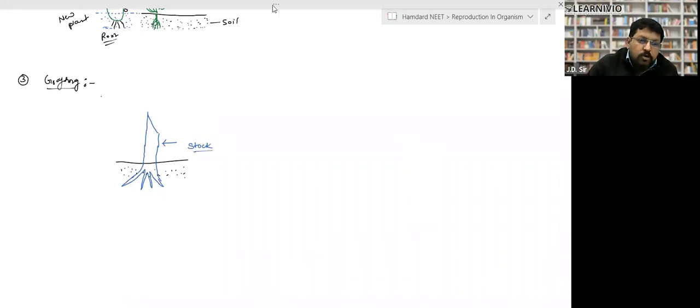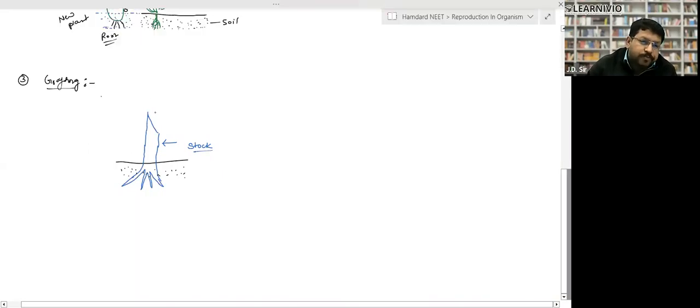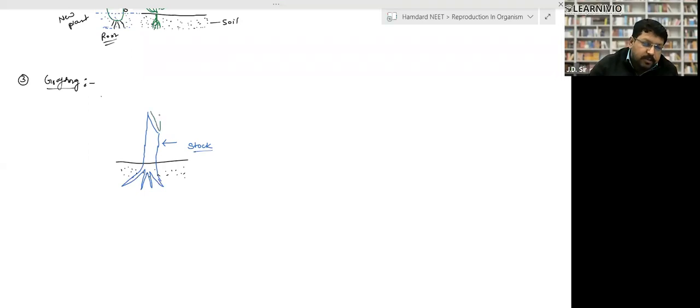Now, the plant which we want to grow, we also cut that plant's stem this way, and we take out the stem of that plant which we want to grow, right? After taking it out, we put it here, and this part is called a scion.